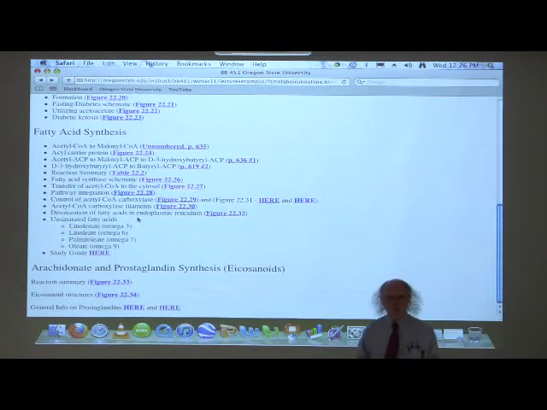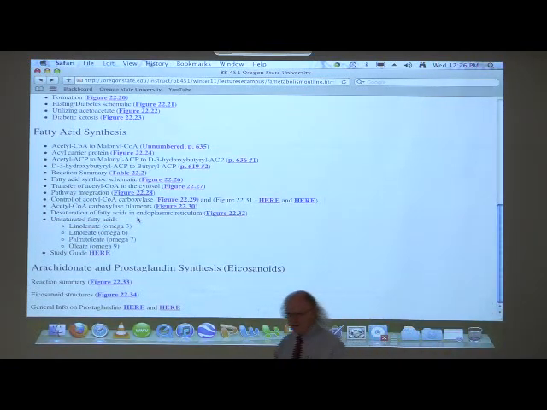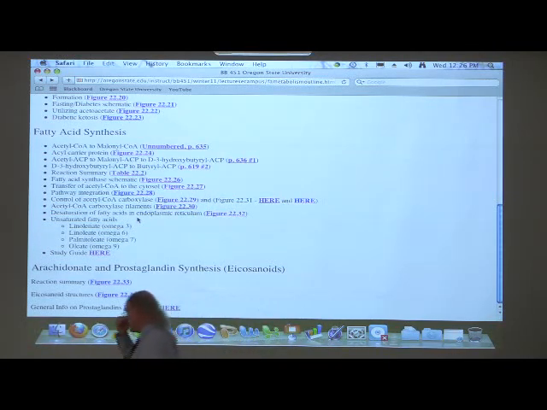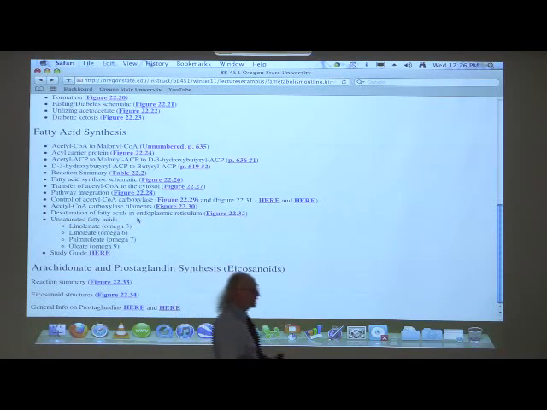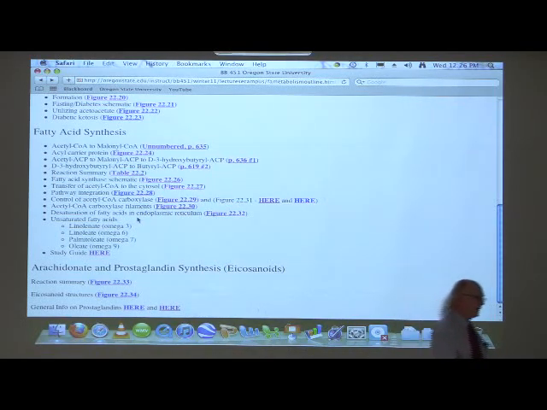One of the things that we will talk about over the rest of the period is the synthesis and action of a very interesting group of compounds called prostaglandins. I referred to them in class 2 or 3 times before, and I promised you that we would learn something about their metabolism, and that's what we're getting ready to talk about right now.